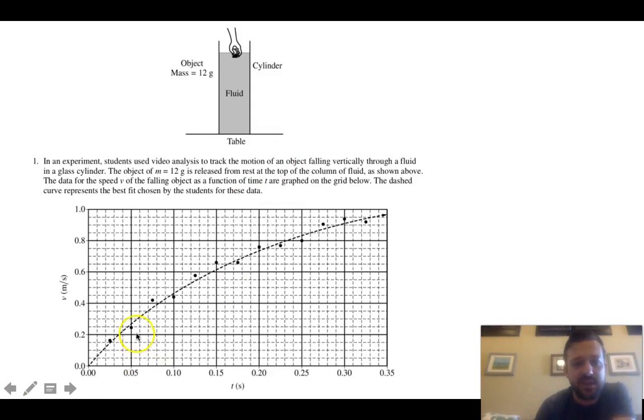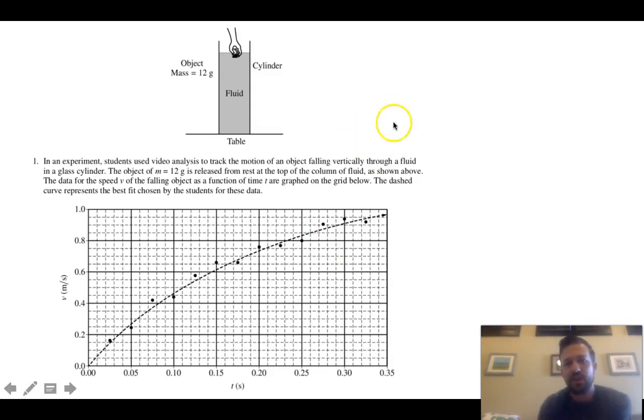In this case, you can see the velocity is not increasing the same amount with the amount of time. So it looks as though the acceleration must be decreasing as the object falls down the fluid. And remember, this is like the curve we see when you drop almost anything, because of air resistance. Obviously, this isn't air resistance, but there's a fluid resistance that's keeping the object from accelerating as gravity would accelerate it, right?